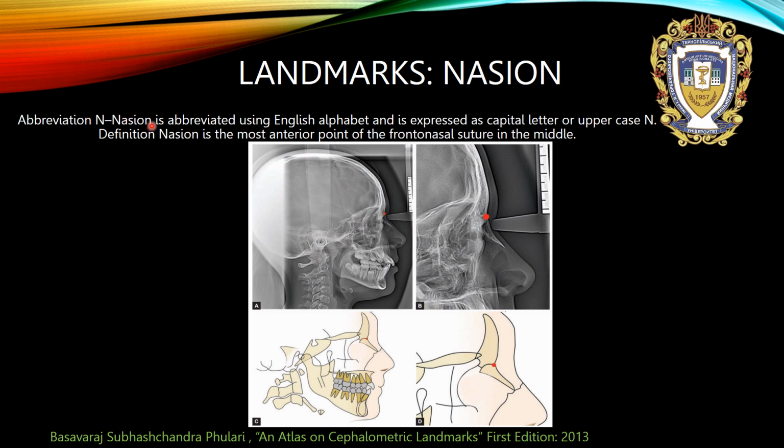Abbreviation N. Nasion is abbreviated using the English alphabet and is expressed as a capital letter or uppercase N. Definition: nasion is the most anterior point of the frontonasal suture in the midline. This point is present in almost all cephalometric analyses.